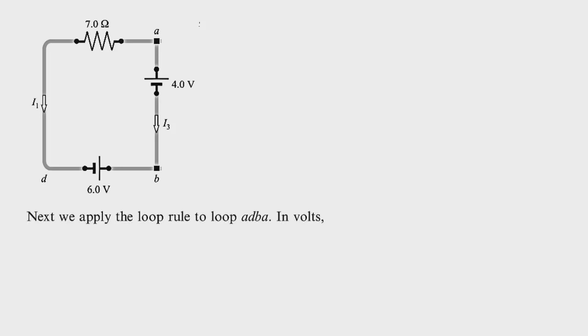But we are going to apply the loop rule for this loop to solve for I1 and I3. However, the loop rule is applicable to the voltage in the loop, but by means of Ohm's law, we will be able to find for I.